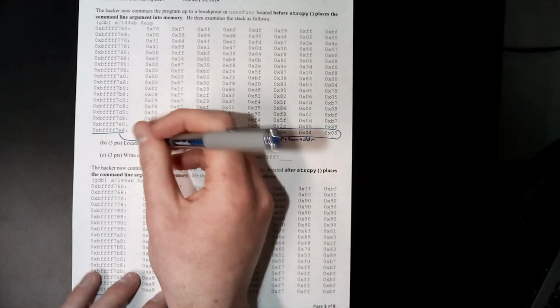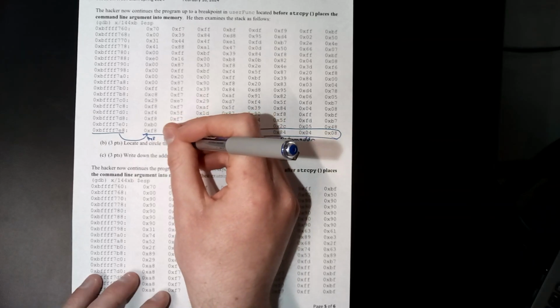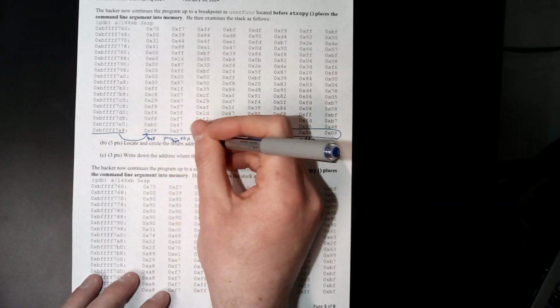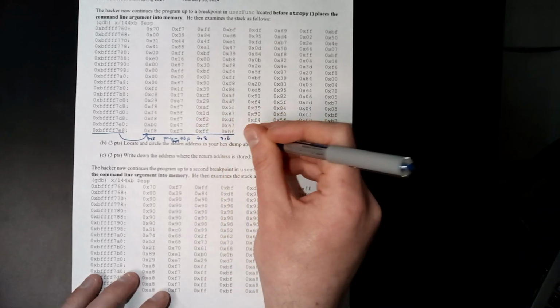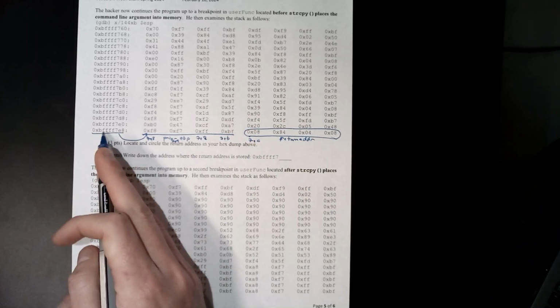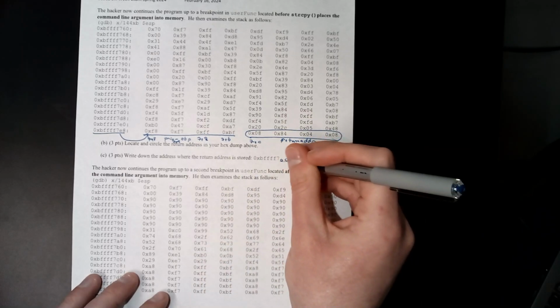We can just count over, and I'm just going to shorthand it: 7E8, 7E9, 7EA, 7EB, and then 7EC. So that whole first part, BFFF 7EC, is our answer there.